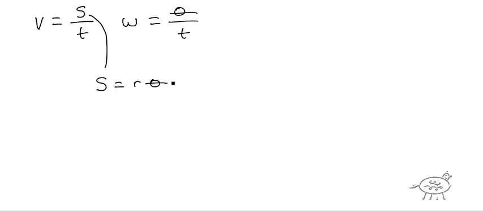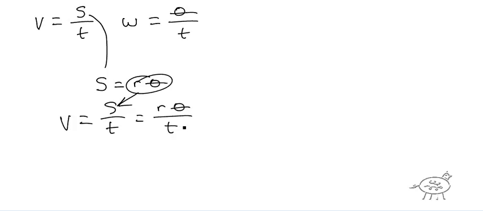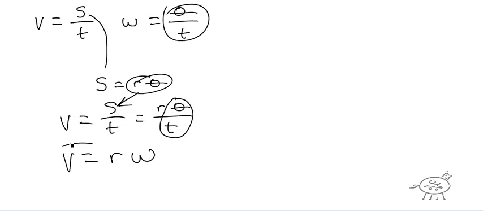So the arc length is based on the radius. If we come up with another formula here, instead of saying V equals S over T, we substitute that in for S. So V equals R theta over T. Those are related, because omega is equal to theta over T, and I can just substitute that in. So V is actually equal to R times omega.